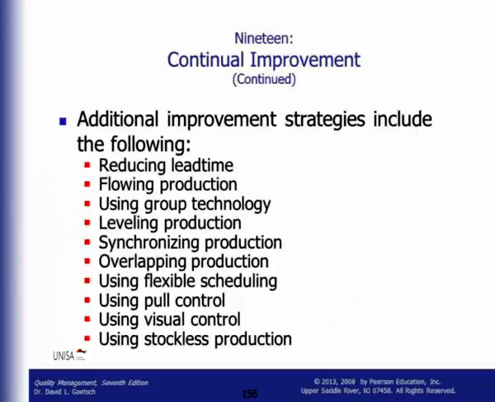Additional improvement strategies include reducing lead time, flowing production, using group technology, leveling production, synchronizing production, overlapping production, using flexible scheduling, using pull control, using visual control, using stockless production.